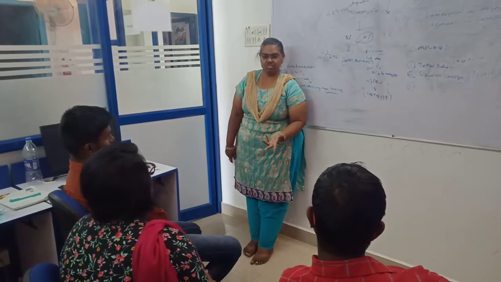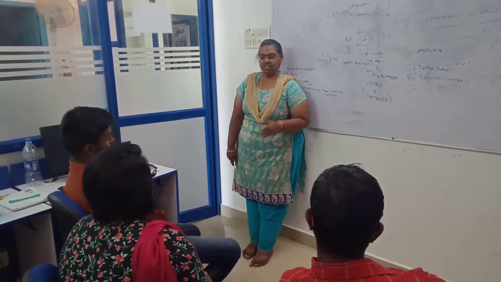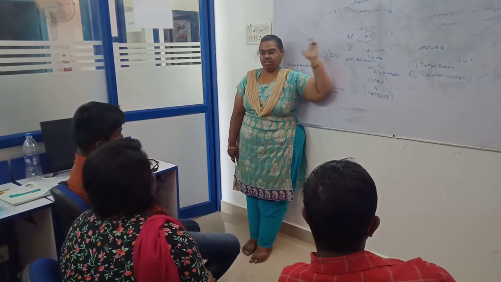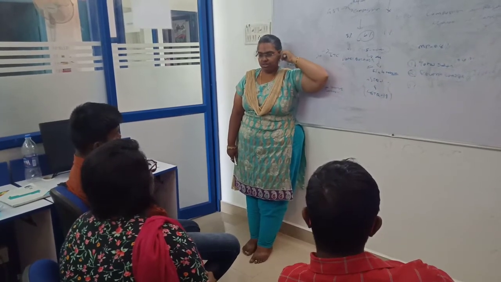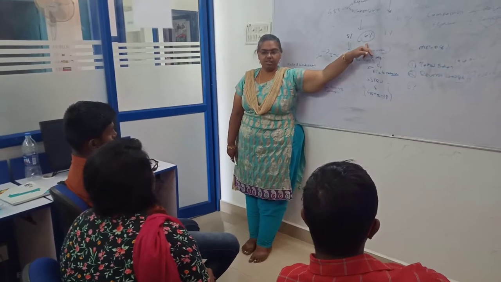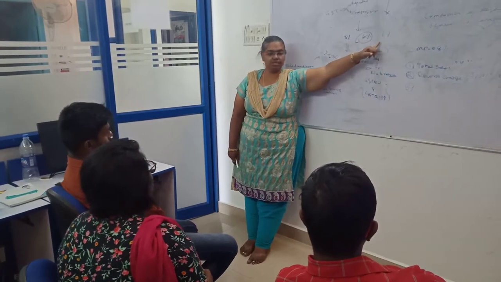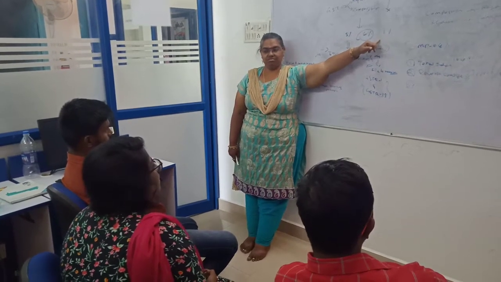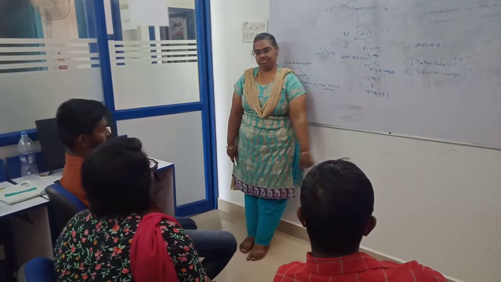So only one question I am asking for this. What is the rate for 5%? For which business? 6% is for the service. 1% is for what? 1% for what goods?